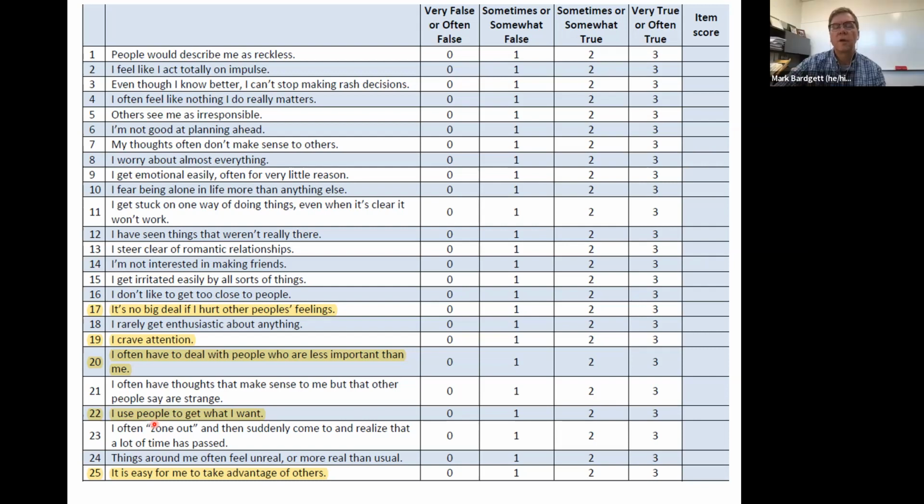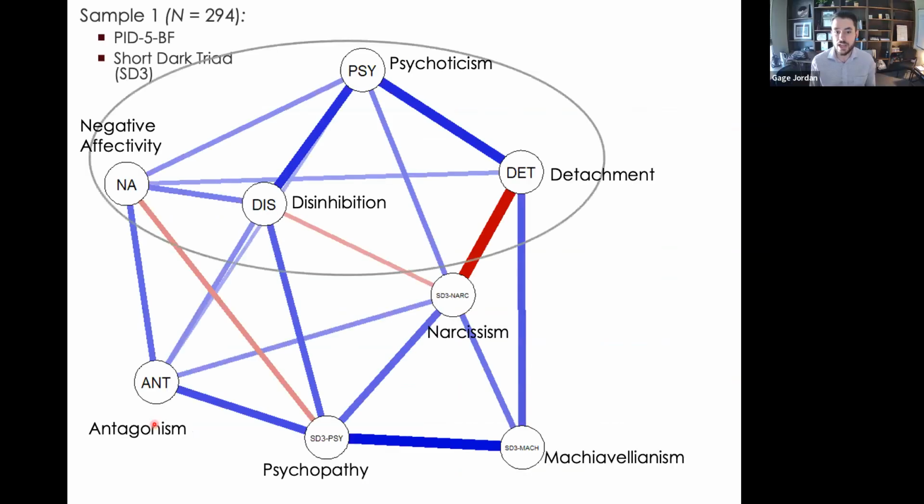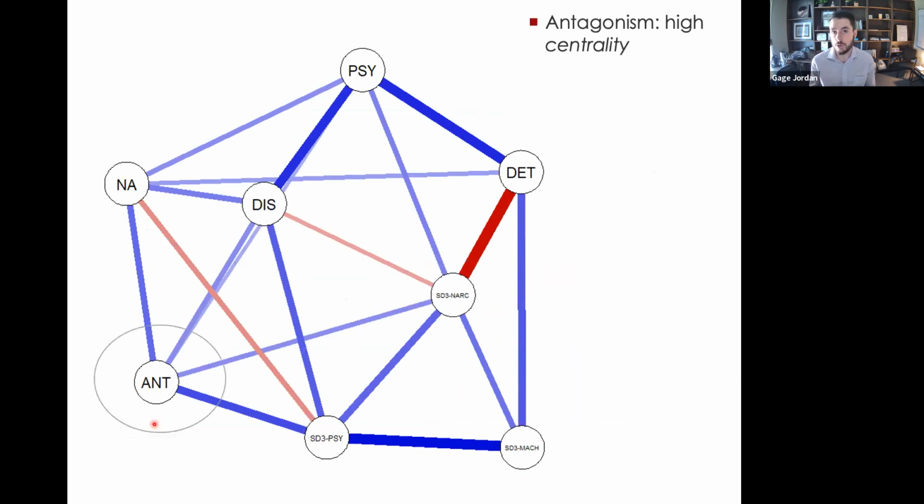So Gage, is the idea that if you identify this factor called antagonism, you would then treat that like you would treat concentration problems or insomnia? Is that the idea here? You could. Usually for personality science, if that's the focus, you can certainly work with people who are antagonistic.